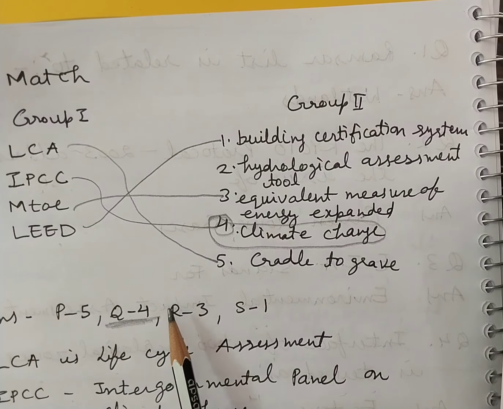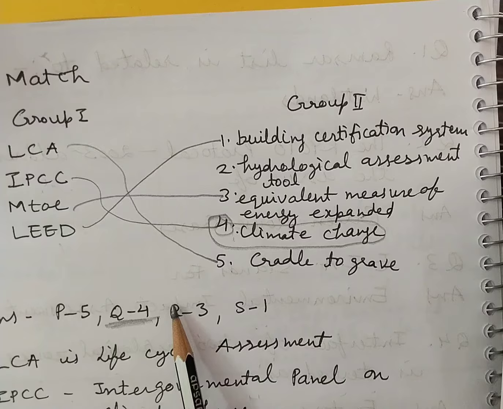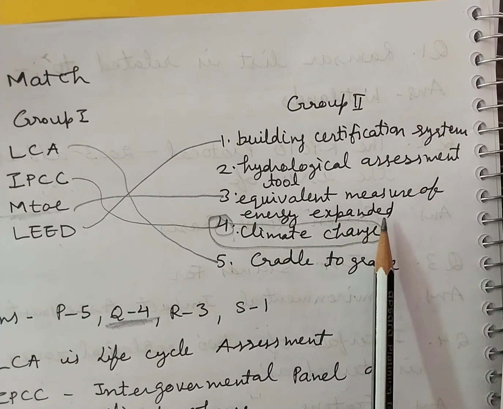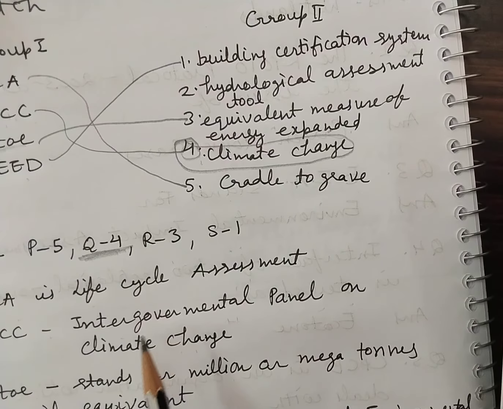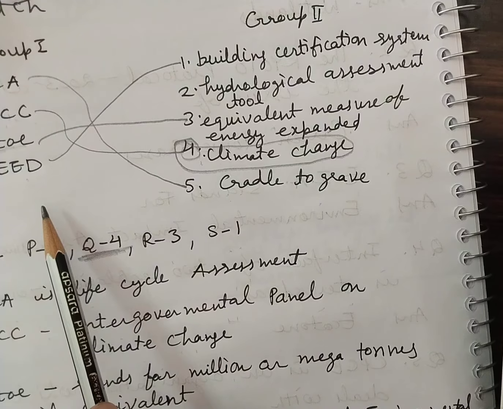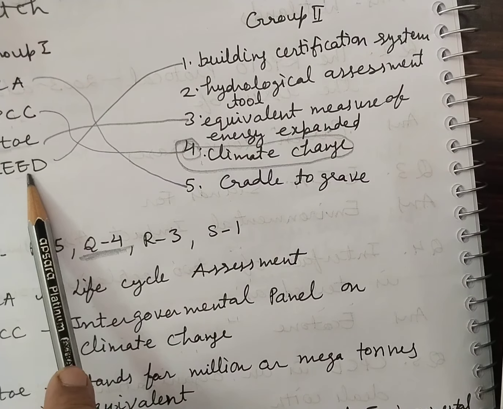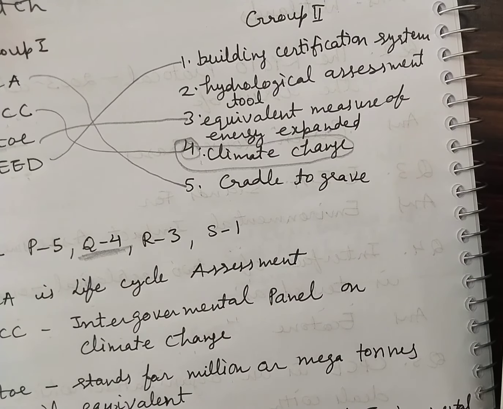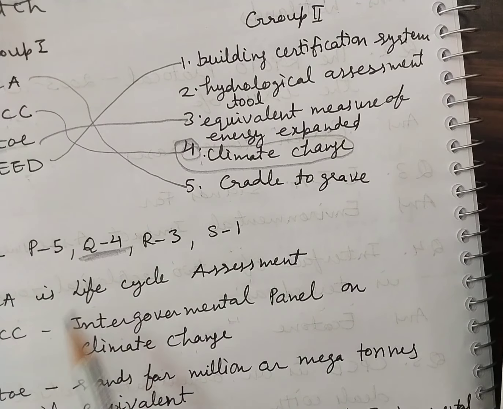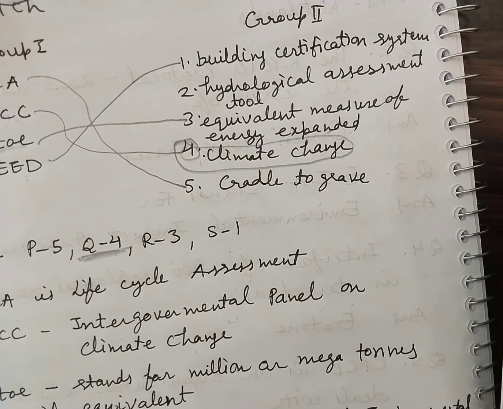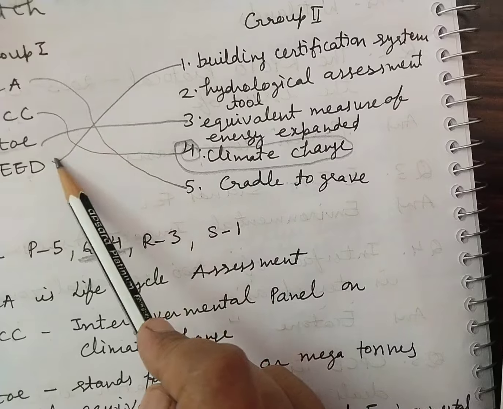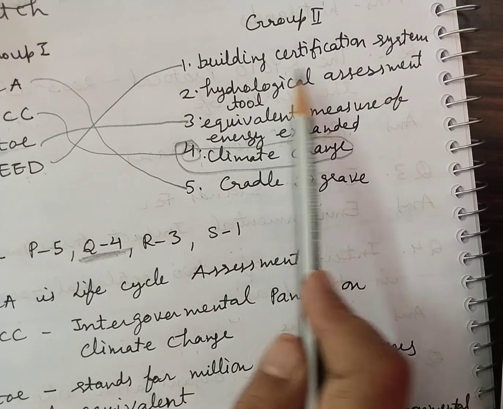R is M2, that is equivalent measure of energy expended. And LEED is the certification system in leadership in energy and environmental design. So LEED is the building certification system.